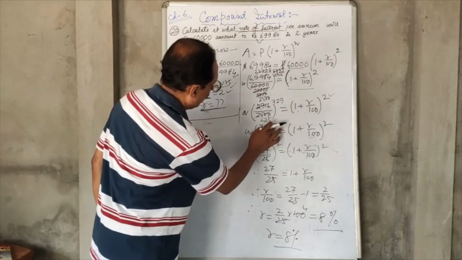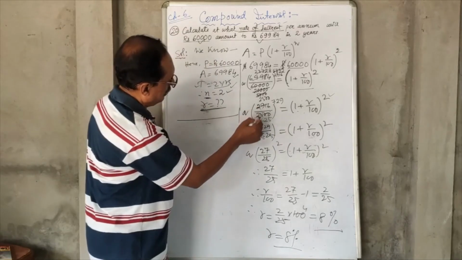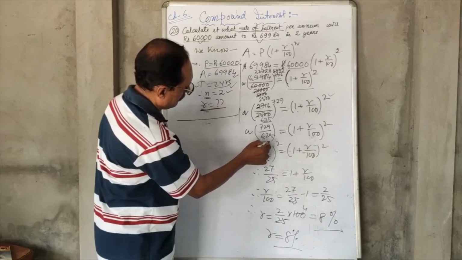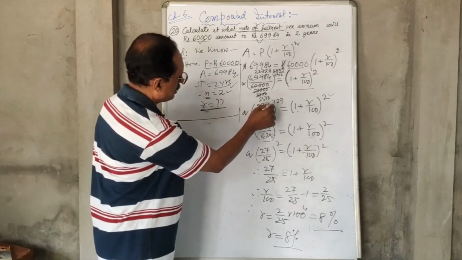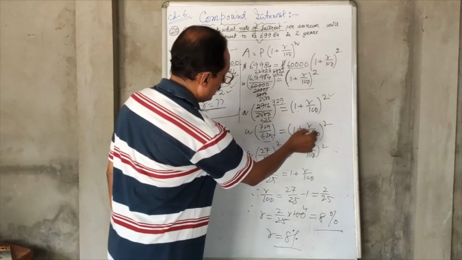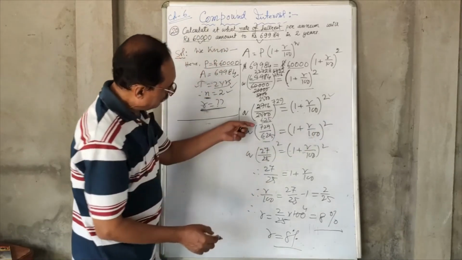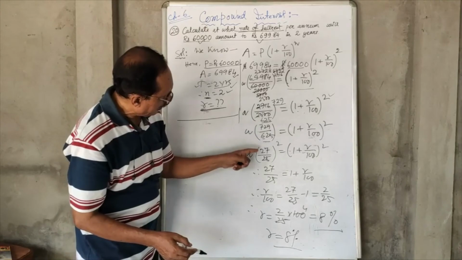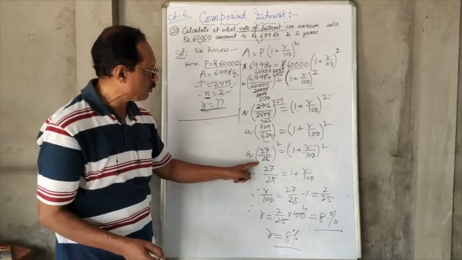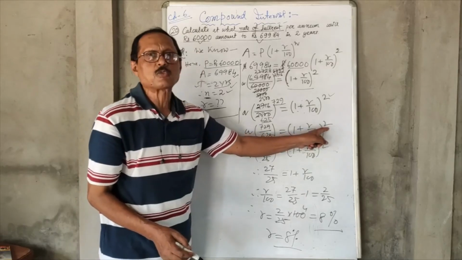Again we are dividing it by 4. The denominator comes to 625 and the numerator is 729. So that is equal to (1 plus R by 100) squared. The numerator is the square of 27 and the denominator is the square of 25. Why are we converting into a square? Because the right hand side is a square.